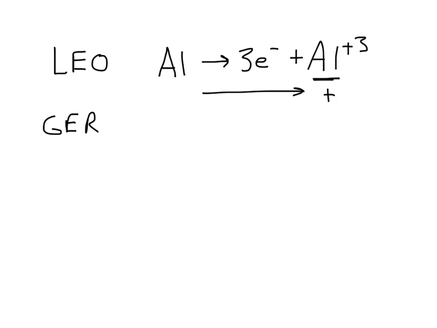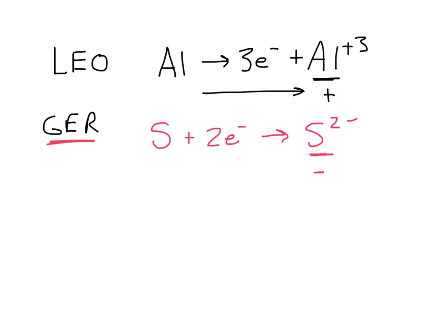Yippee! Now GER, on the other hand, growly, I'm starting with, say, sulfur, and I'm going to gain 2 electrons, or gain weight, and therefore I'm going to become negative by 2. Overall, I'm negative. Negative is GER. Gain of electrons is reduction.